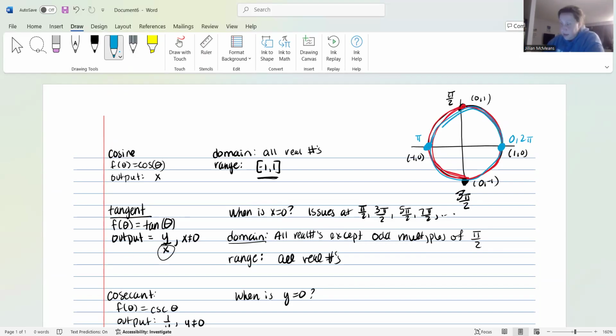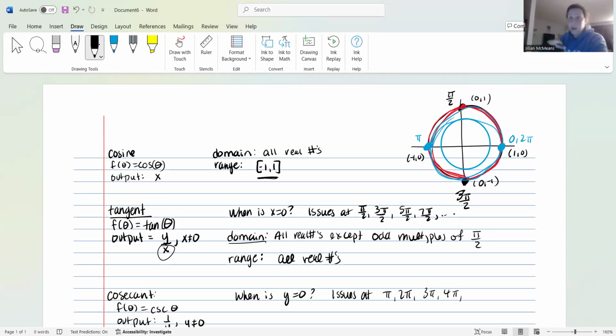If I go pi radians again, I end up at 3 pi, then 4 pi, then 5 pi, then 6 pi, and then 7 pi, and 8 pi. So we could keep going. So we would say we have issues at pi, 2 pi, 3 pi, 4 pi. I could go in the clockwise direction.